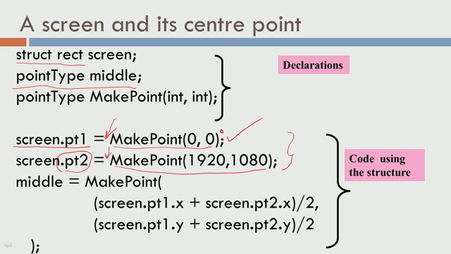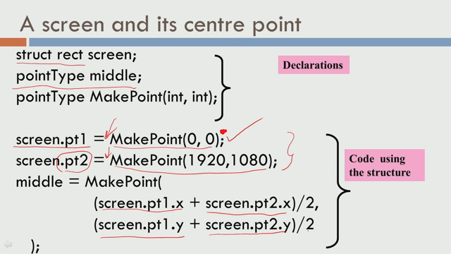So, maybe it is somewhere here for my screen. I want to find out what this point is. So, to do that, I take the bottom coordinate of the screen and the top coordinate of the screen, I add that and divide by 2, and I take the left coordinate of the screen and the rightmost coordinate of the screen, I add them up and divide by 2, that would give me the center of the screen.